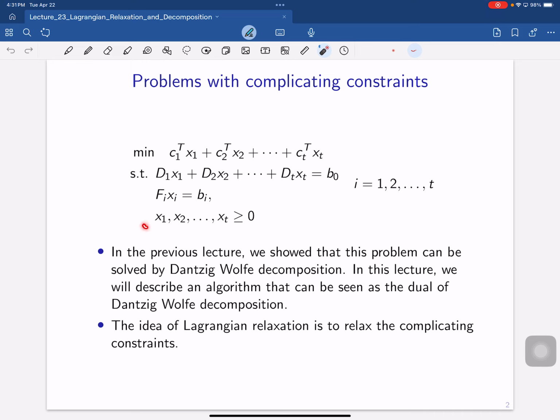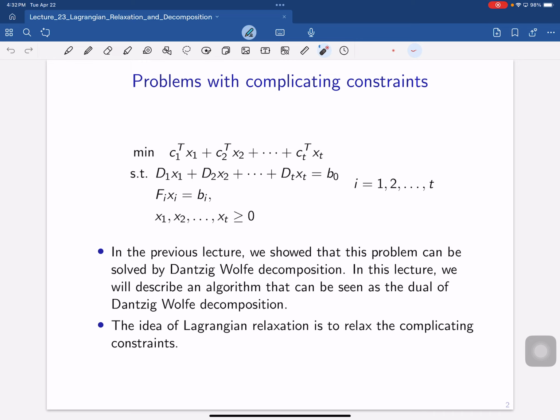These are t blocks of variables, and for each block you have some linear constraints, with x1, x2 to xt all greater than or equal to 0. So each of these blocks is in standard form.